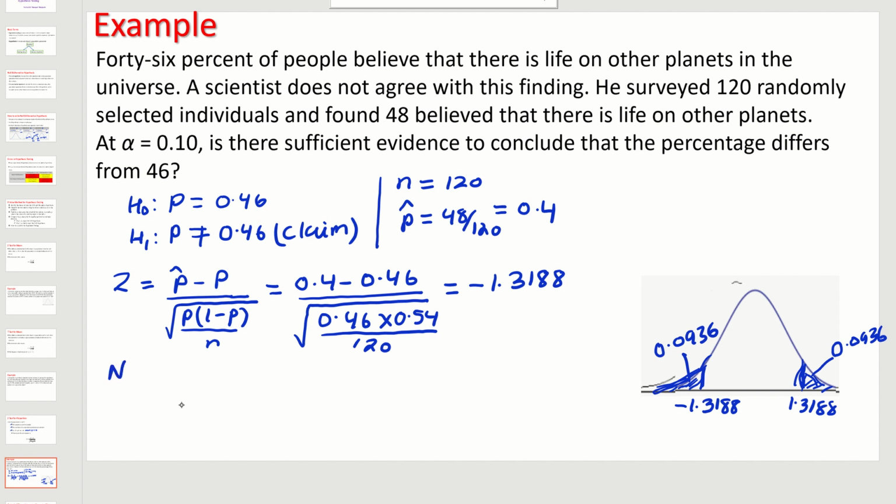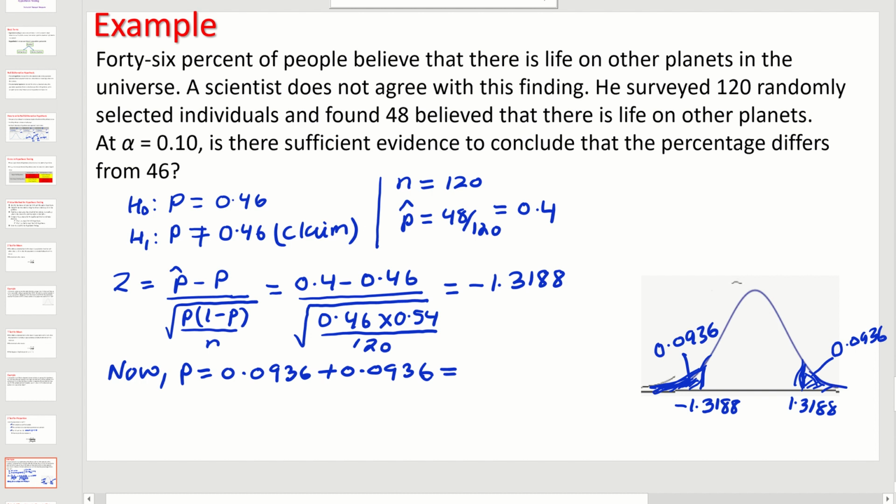So now the p-value is p equal to 0.0936 plus 0.0936. So if we add these two values, the area on the left tail plus the area on the right tail, that will give our p-value, which is equal to 0.1872.